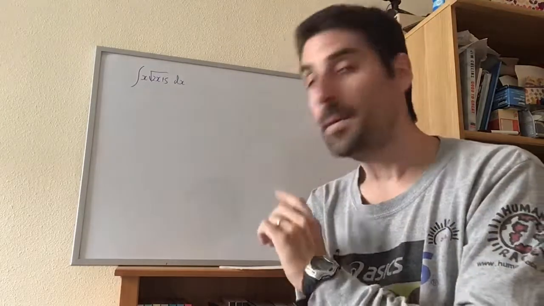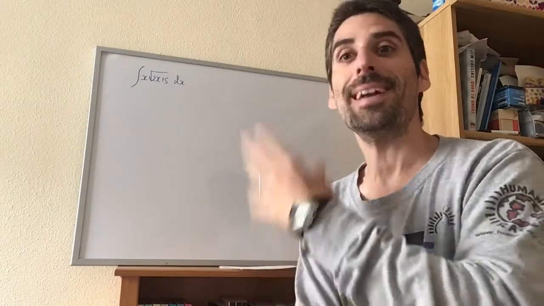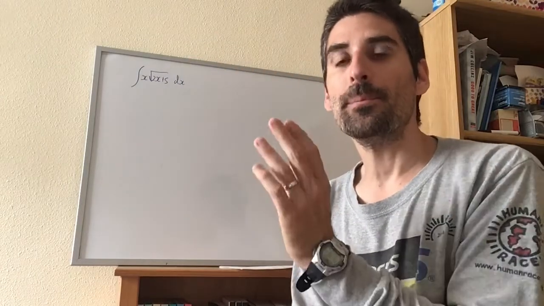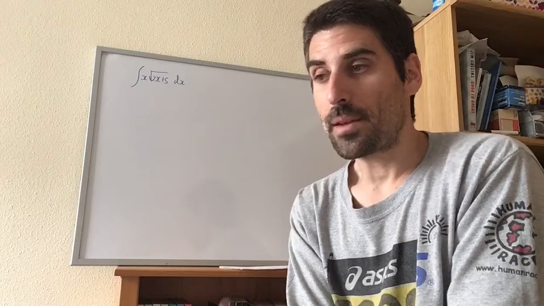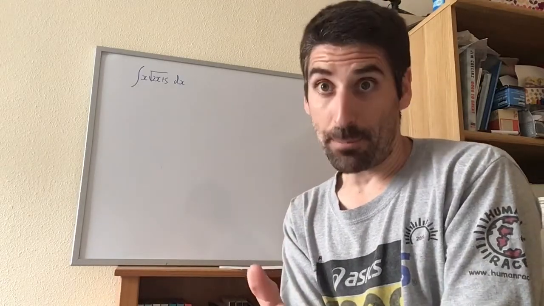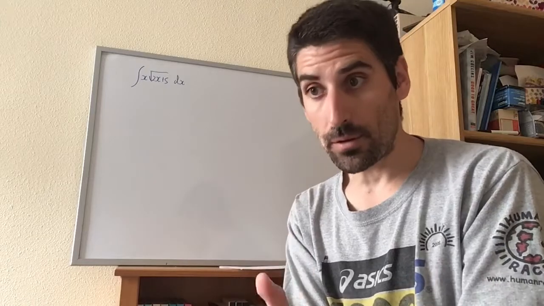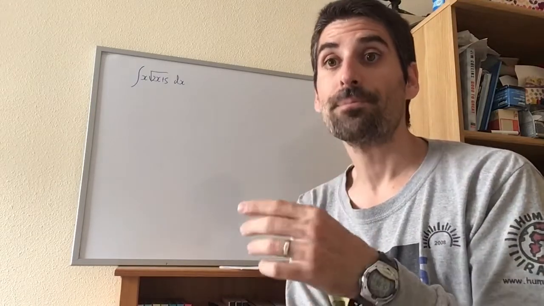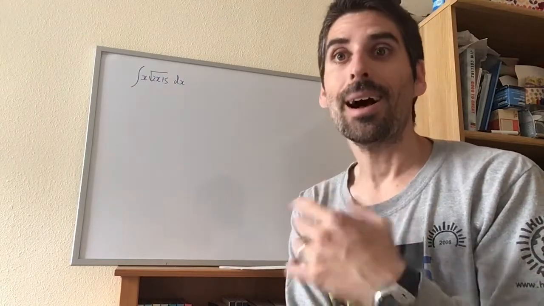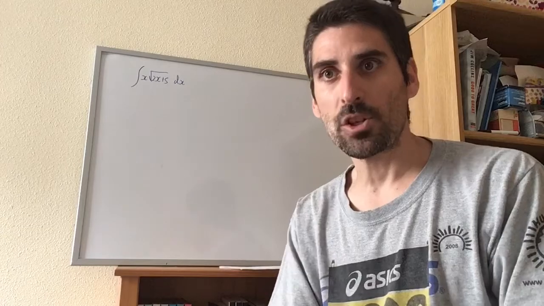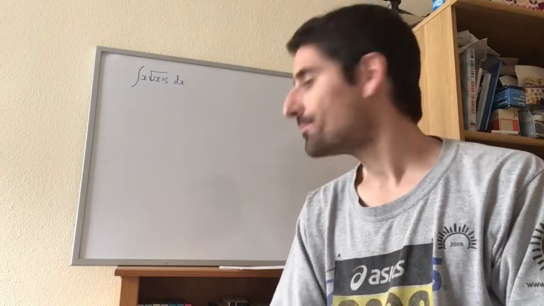You do a variable change, integrate that, and then undo the variable change. That's basically the idea behind this. More often than not, you'll be told what substitution to use, but sometimes you won't, and then it's up to you to figure out an obvious variable change and take it from there, okay?